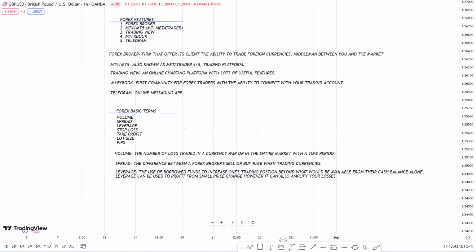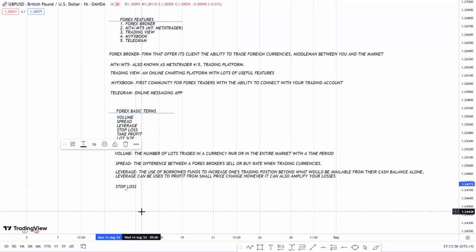So the next one we have here is stop loss. Well, let's get back to it.